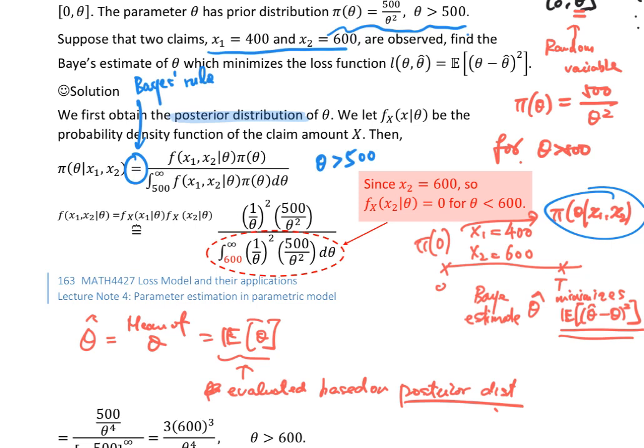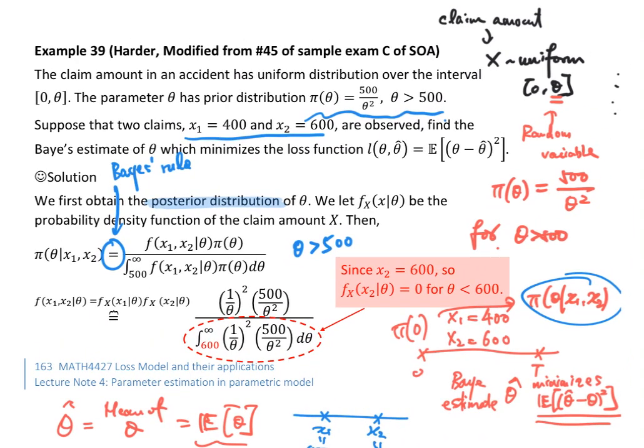In particular, given that S1 equals 400 and S2 equals 600, this tells you something about theta. Remember, theta is a parameter in this uniform distribution. It tells you the maximum possible value of S. So if your theta is here, then you should expect that all the S should lie on the left hand side.